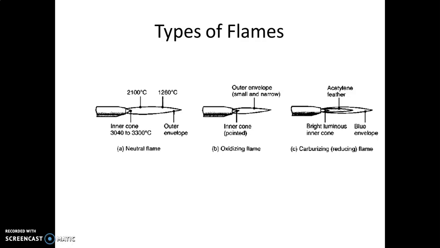Generally the temperature of reducing flame is lower, and this is suitable for low heat operations such as brazing, soldering, and flame hardening. So these are the three types of oxyacetylene flames used in different applications depending upon the temperatures and various requirements.